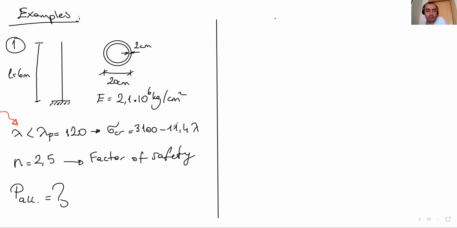But if it's greater than lambda p, we use Euler's theory. You have to know Euler's P critical equation; we are not going to give it. We only give the Tetmajer or Rankine's formula in the question.